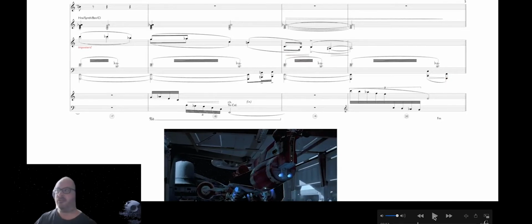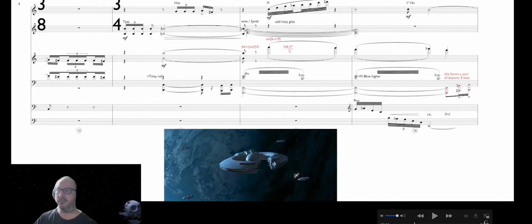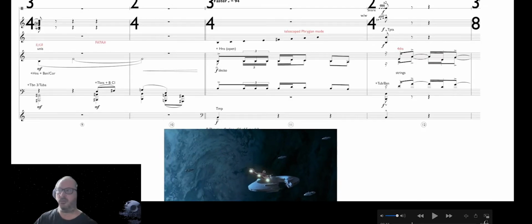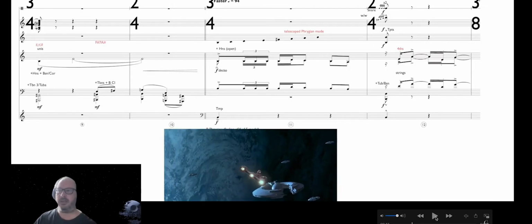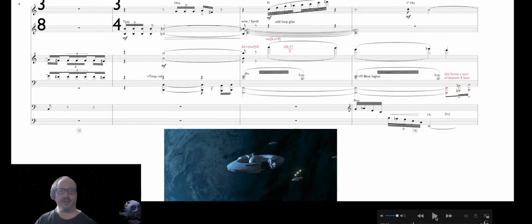So now we see the droids, but there's no musical reference to them. This is where Williams is very clever. He doesn't get in the way. He actually foreshadows all of this before with the horn calls and the little trumpet fanfares, so we already know what to expect.